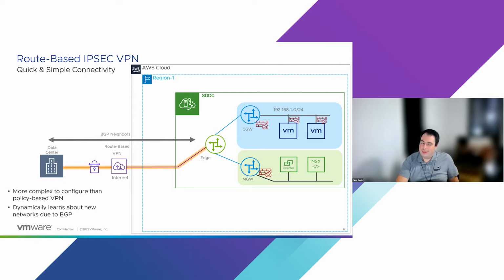Again, you have some limitations because there is limited bandwidth on the VPN, so you can use multiple tunnels and play with the ECMP configuration. That will help you have more bandwidth. It's still something that goes over the internet, so more latency, less speed, but still a reliable way to reach your SDDC.